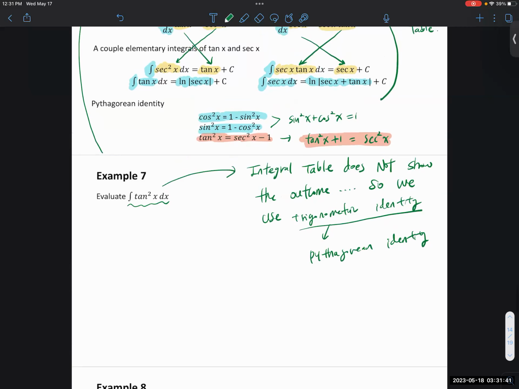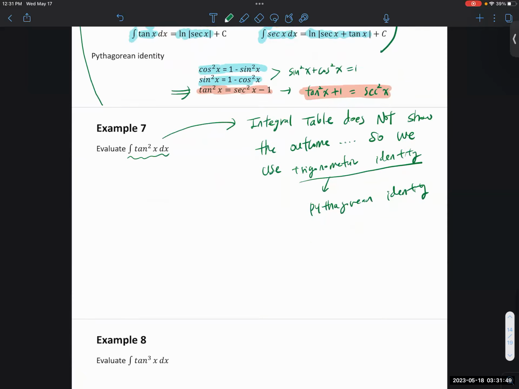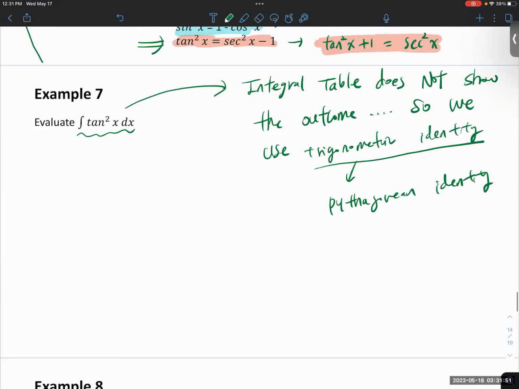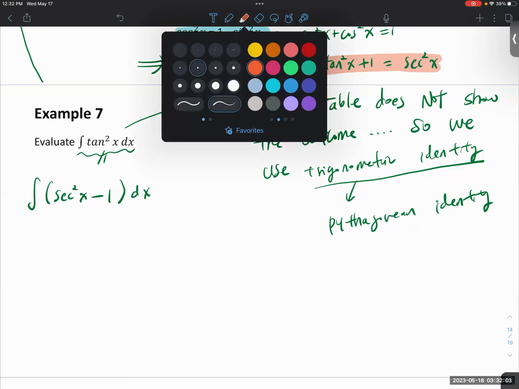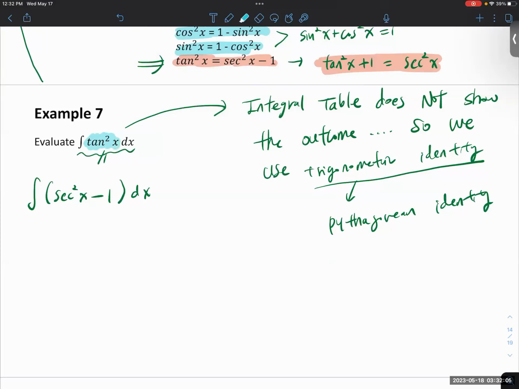As we saw, tangent squared x is the same as secant squared x minus 1. Because we don't have any information on tangent squared x from the table, we're going to utilize the identity. I do know this is the same as the integral of secant x times secant squared x minus 1 dx, correct? Tangent squared x is the same as secant squared x minus 1, according to the Pythagorean identity.